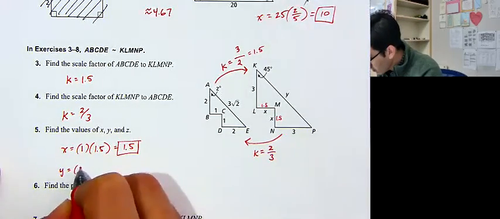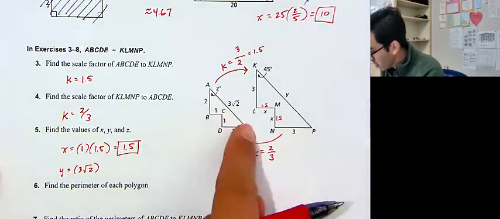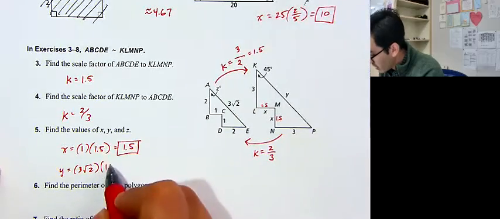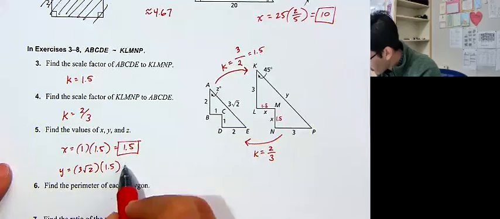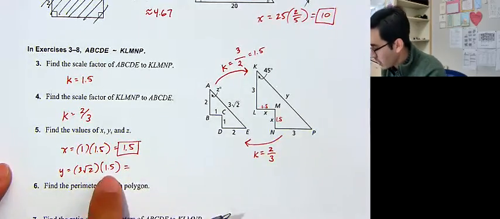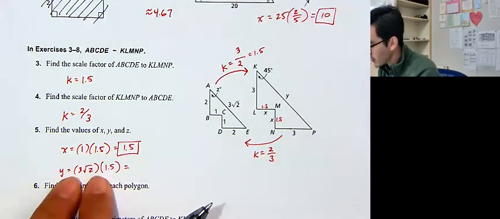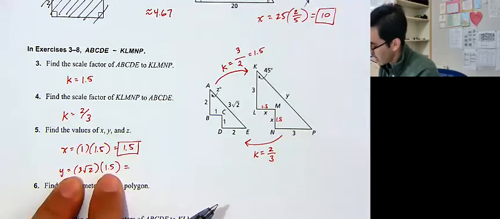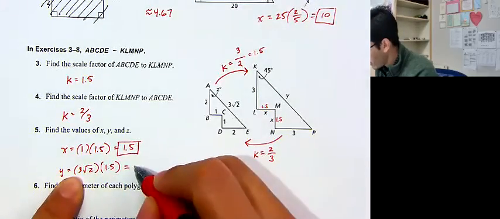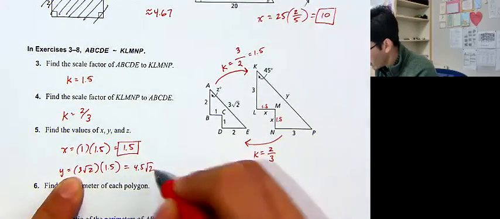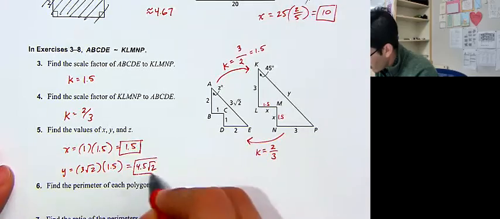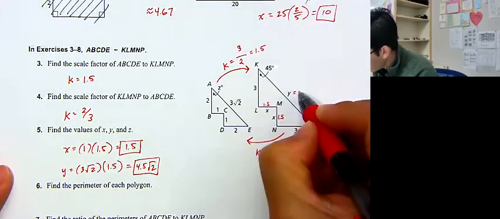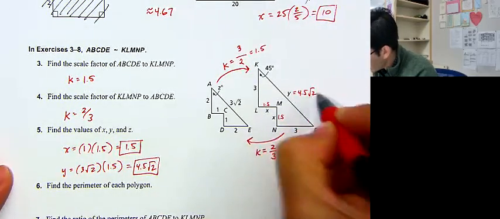So y equals 3√2, the measurement from the small figure, times 1.5, the scale factor when we're scaling up. Here you just multiply the non-root parts. 3 times 1.5 is 4.5. So this is 4.5 times √2. I can leave it like that.